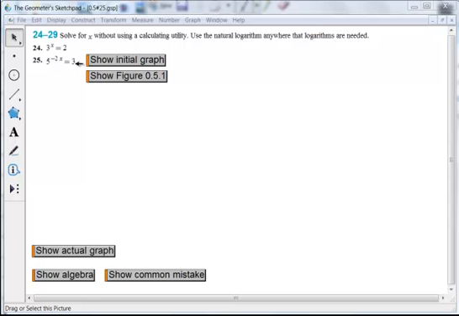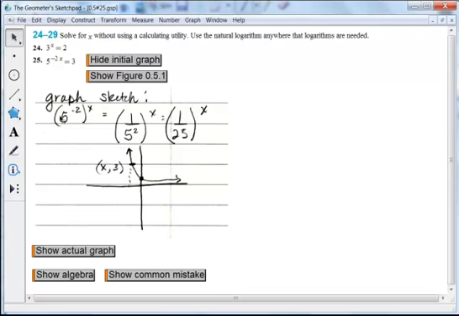So what I really want to encourage you to do first is to just think about what the graph looks like. So I'm just going to show you my initial view of that. 5 to the negative 2 to the x, you can put parentheses around 5 to the negative 2. That's 1 over 5 squared, which is 1 over 25, to the x.